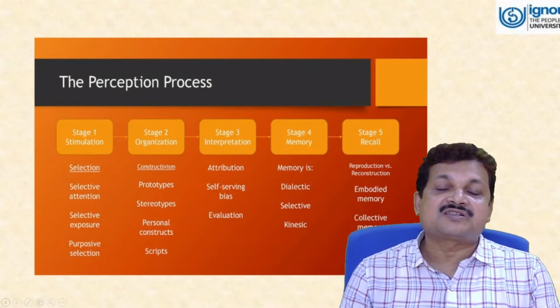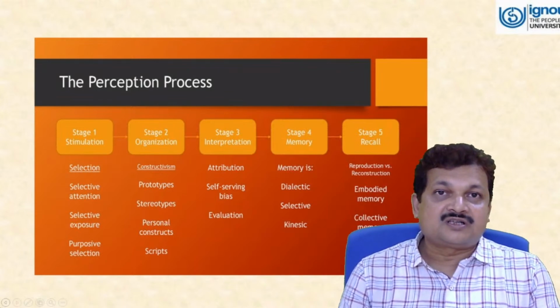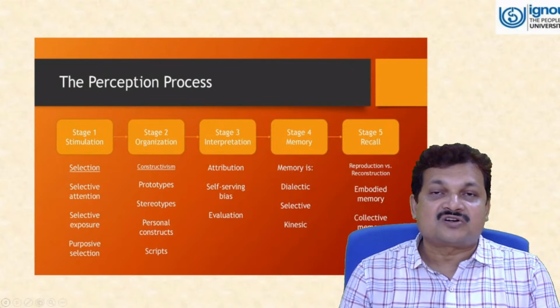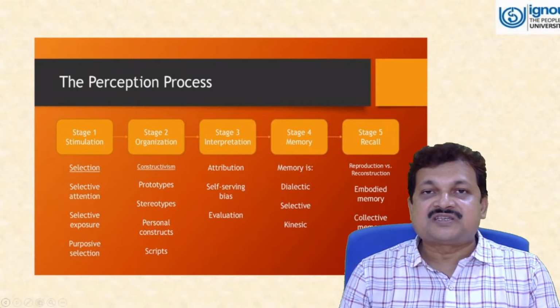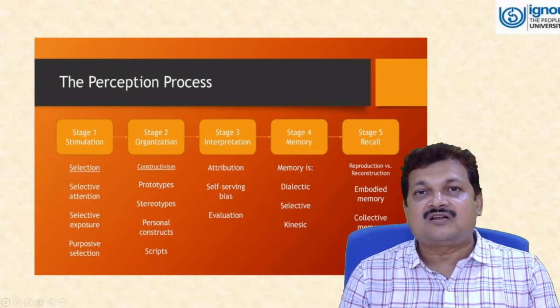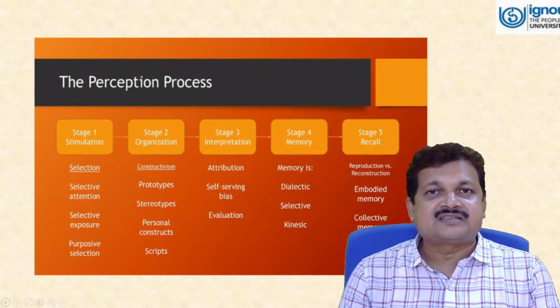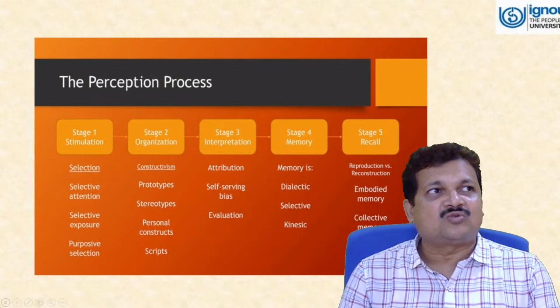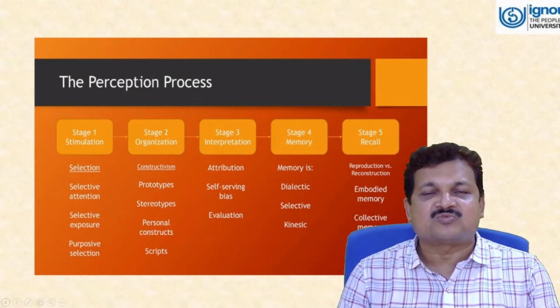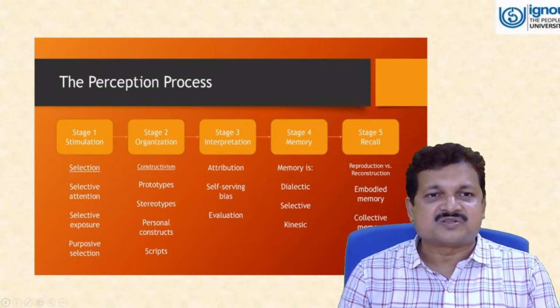Selective exposure is where you select the sources, whether this source is right or not right, so you verify that here. And purposive selection is where you are not at all interested in a particular kind of exposure. You are very much focused on what particular thing you want to see, and that is mostly the case of purposive selection.